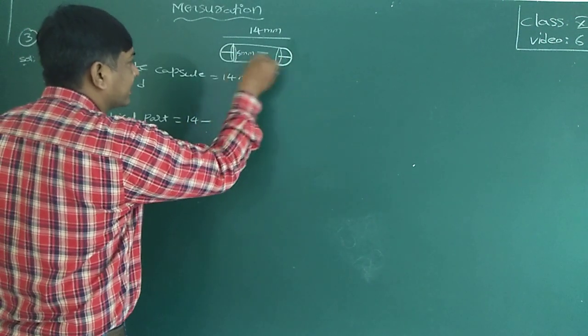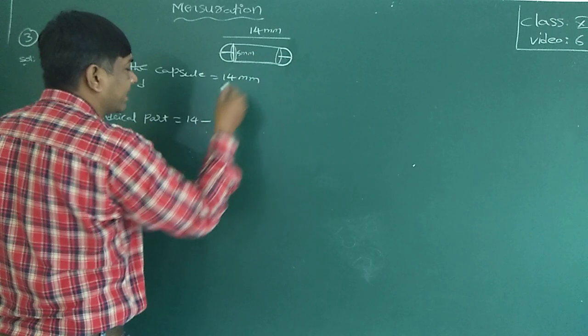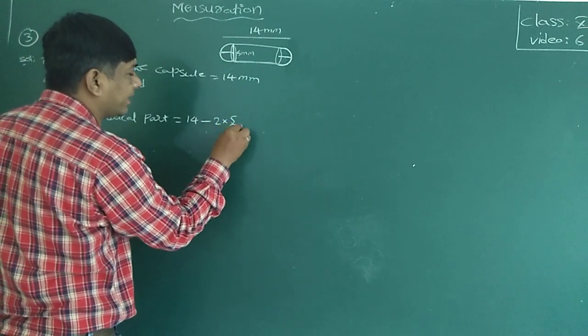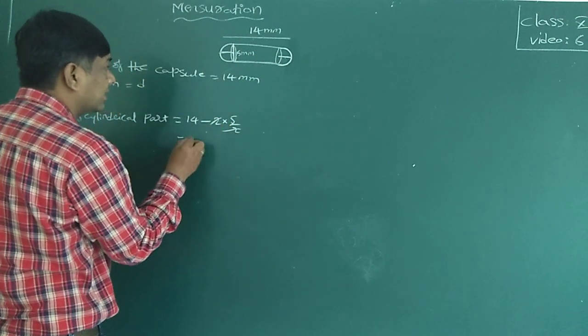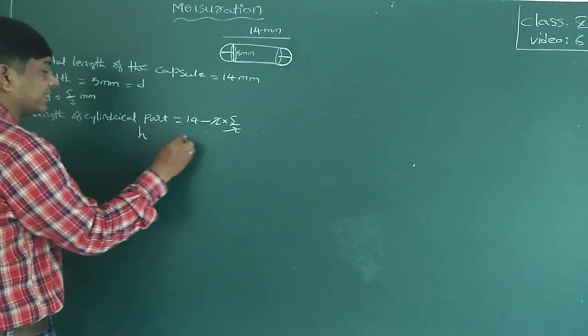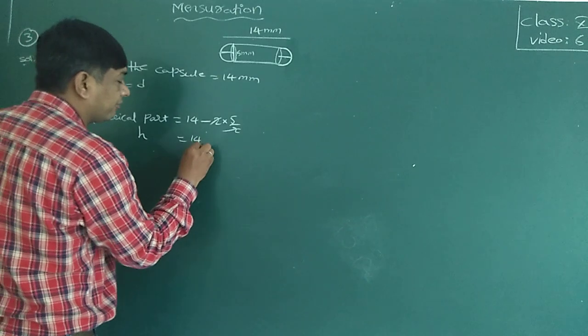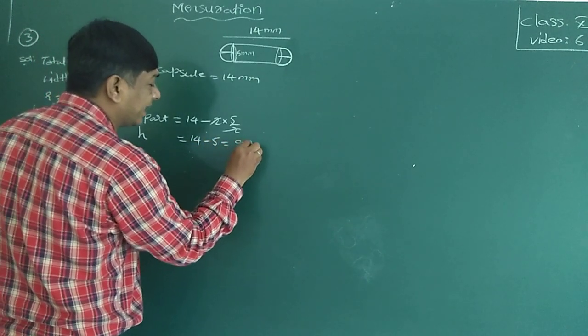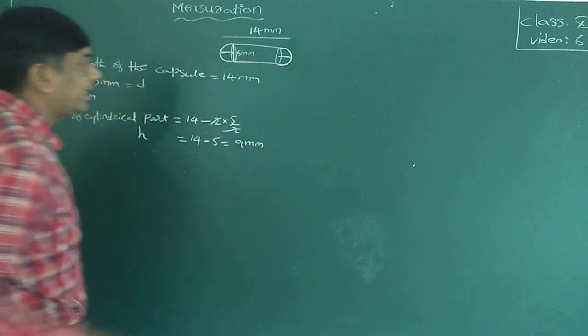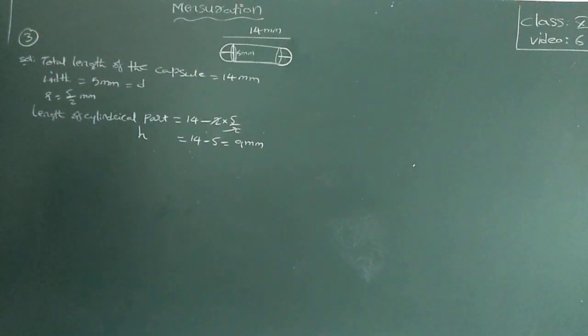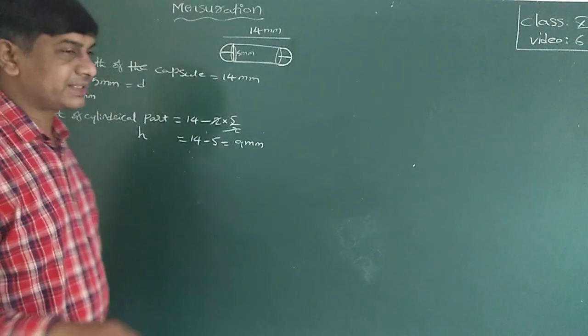This height and this height are the radius, 5 by 2 and 5 by 2, 2 into 5 by 2, the 2 cancels. So h is equal to 14 minus 5, which is 9 millimeters. The height of the cylindrical portion is 9 millimeters.